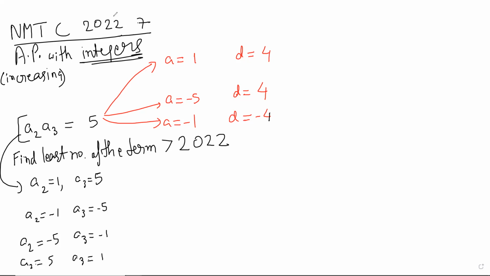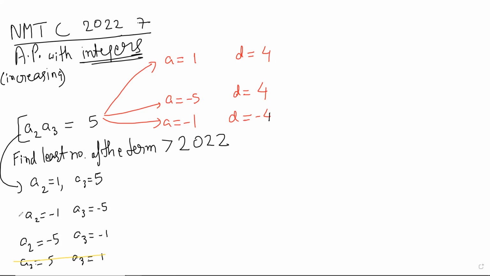Out of these possibilities, we can chalk out and remove two of them. Which two can we remove immediately? The last one we can remove because this means it's a decreasing AP. It will never reach 2022. Yeah, the second one also.